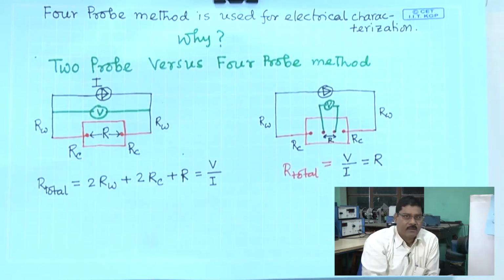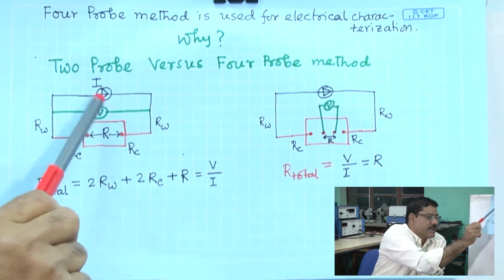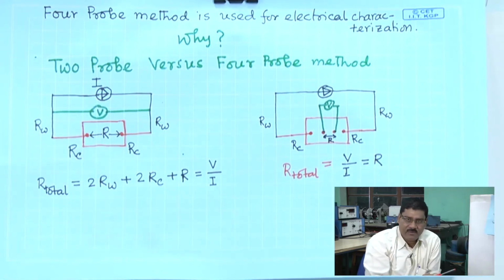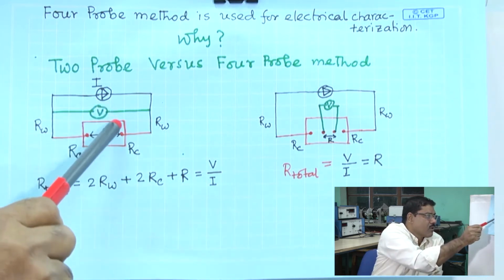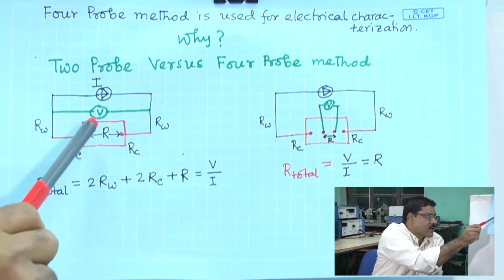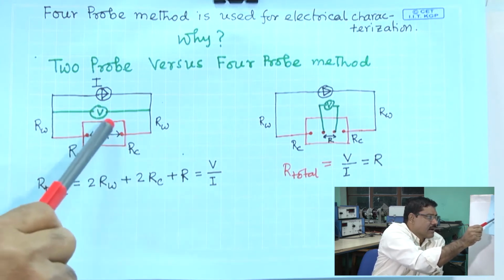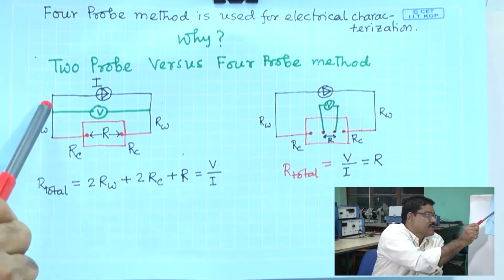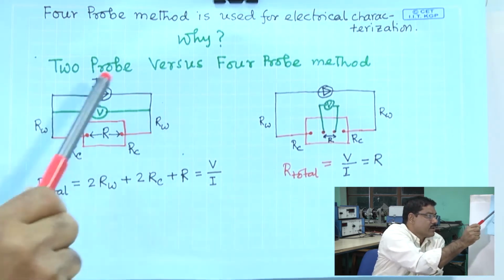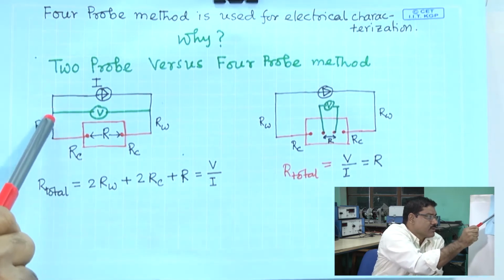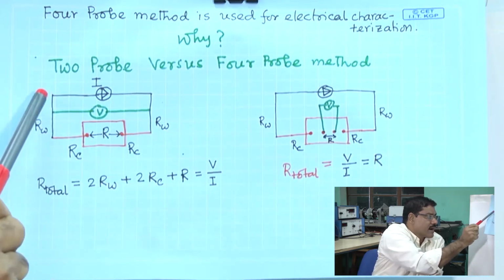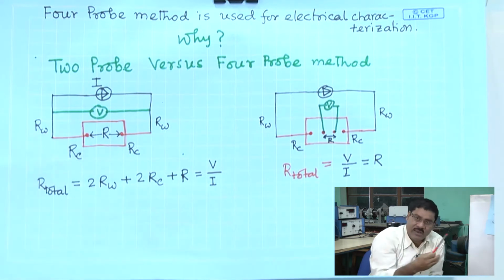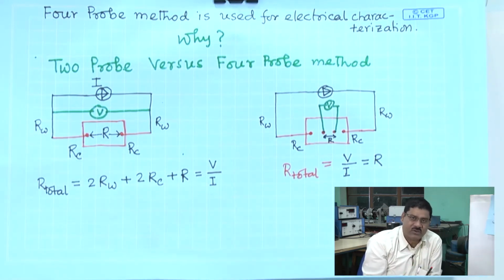Now, the voltmeter will give me the reading of the voltage drop across the resistance between these 2 points, because current is flowing. Wherever the current sees resistance, there will be a voltage drop.